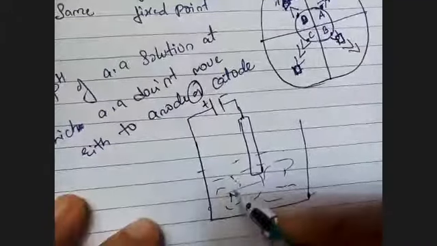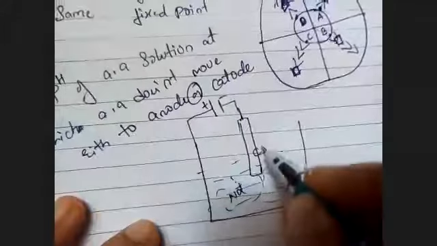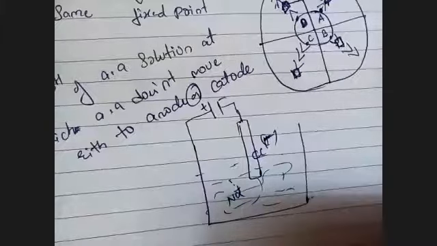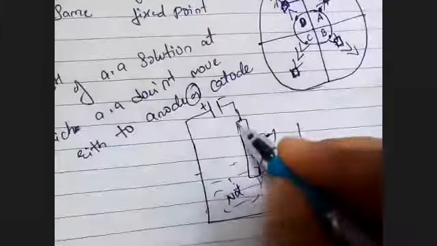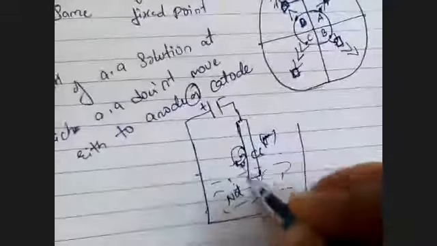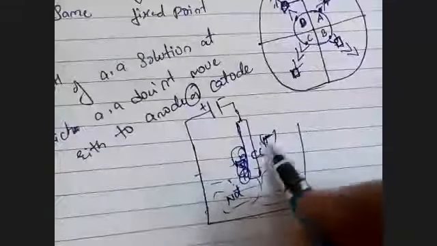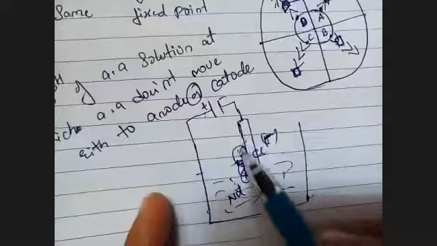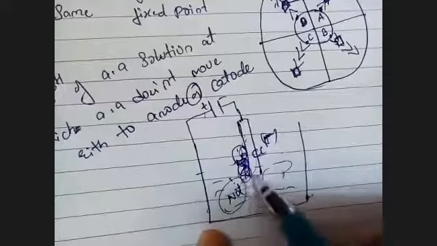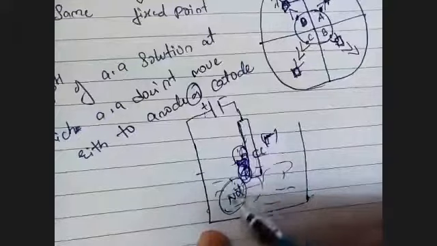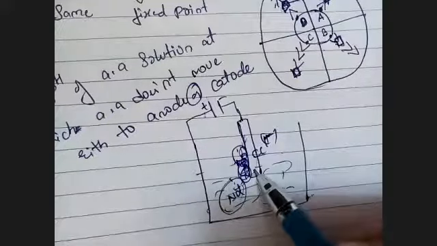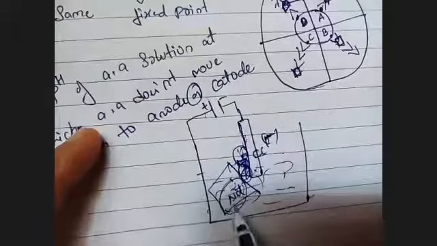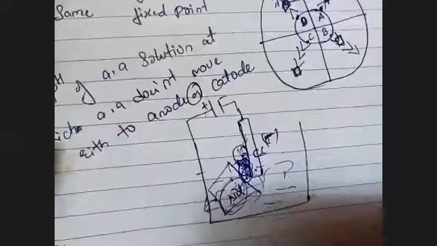This solution contains sodium and this contains chloride. The chloride is surrounded by sodium ions. Because of the passing of current, the ions get stuck, and because of the same ions here also sodium, here also sodium, it neither attracts nor repels. It stays in the same position. It can't move towards the anode, it can't move towards the cathode.